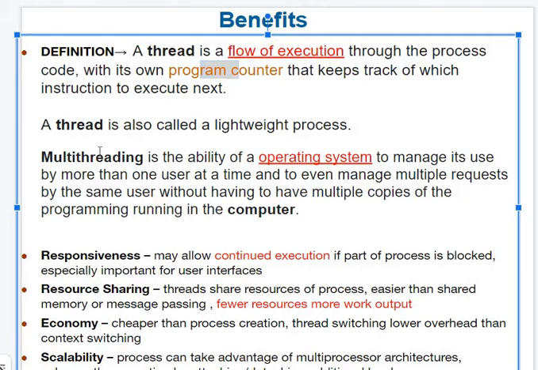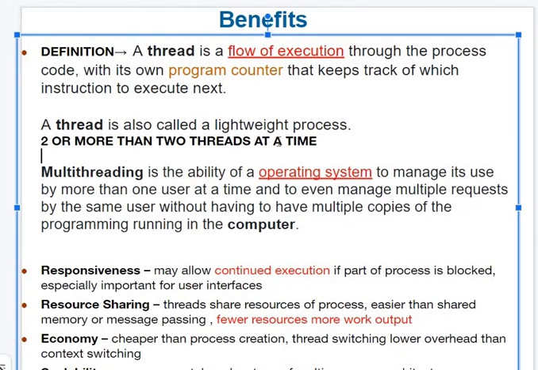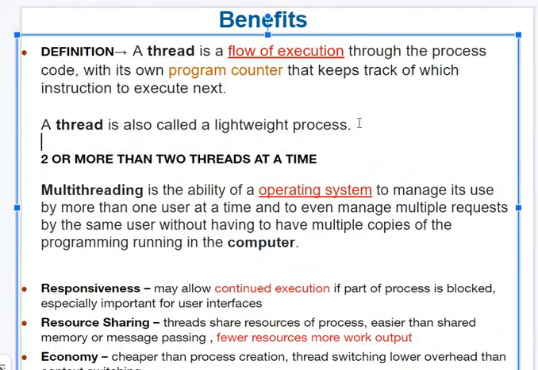Next, multi-threading. What do you mean by multi-threading? In a very simple way, if we have 2 or more than 2 threads at a time, it is called multi-threading.